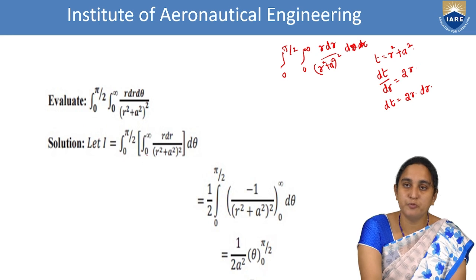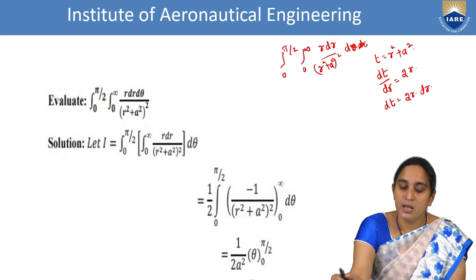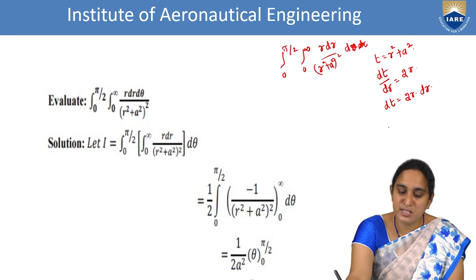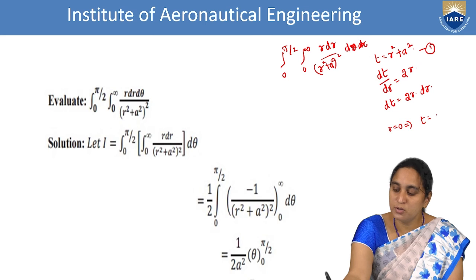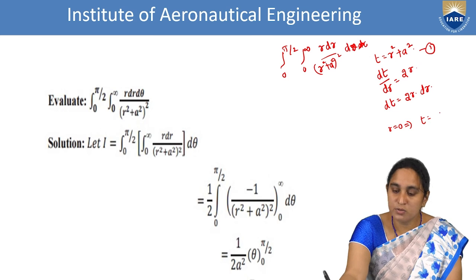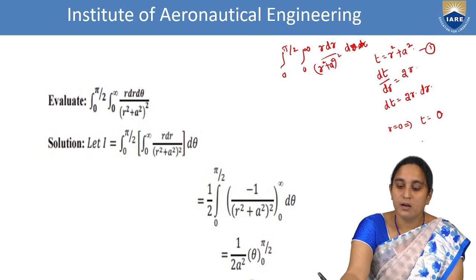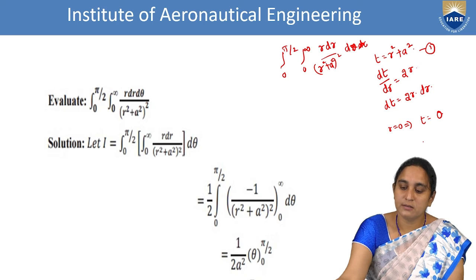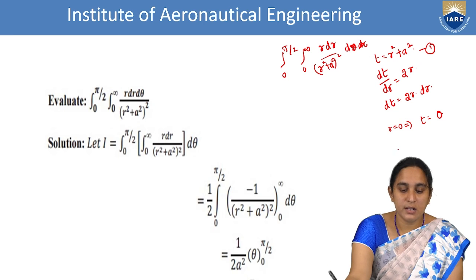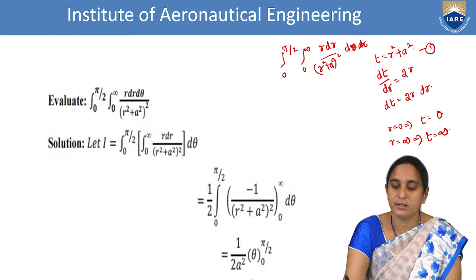Now I will convert the limit points also in terms of t. If you take r equal to 0 and substitute in the first equation, t is also 0. And if you take r as infinite, t is also infinite.